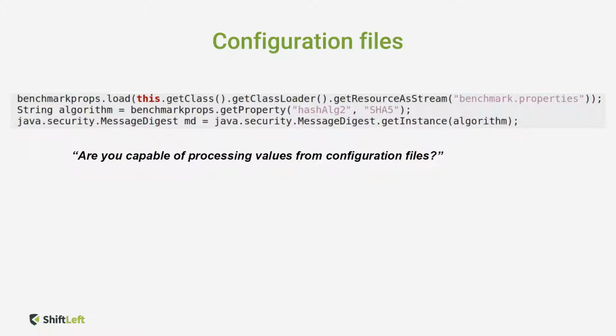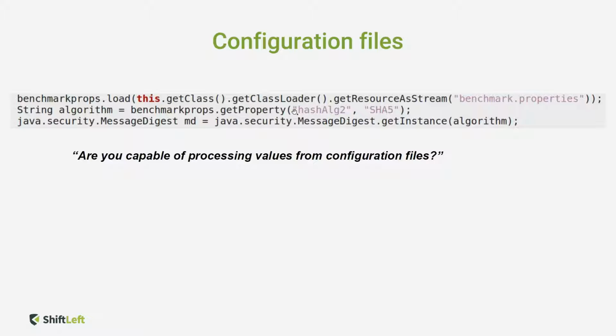Then it checks for configuration files. So you need to be able to read at least basic Java configuration property files. Here, as an example, an algorithm is being initialized to use as a hashing function.